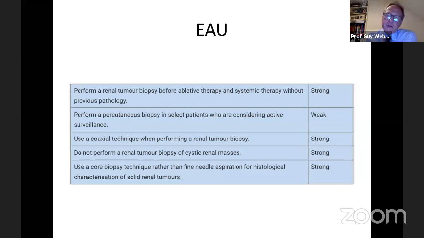The EAU says that a renal biopsy should be taken before ablative therapy and before systemic therapy, and there's strong evidence for that. There's very weak evidence for patients having one if they're considering active surveillance and serial CTs. You don't necessarily need to do that. Again, a coaxial technique must be used in terms of the seeding issue, and don't perform it on cystic renal masses.